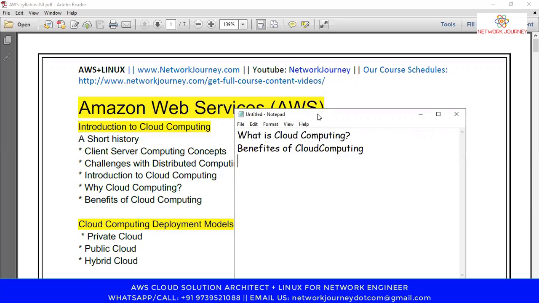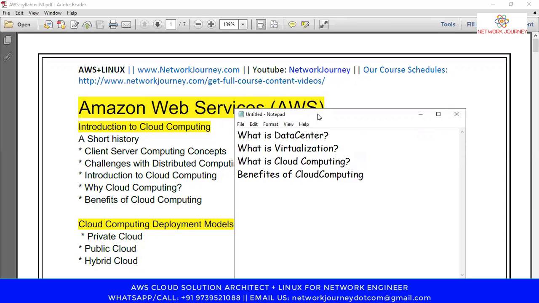In continuation, I explained what is cloud computing, and finally we saw the benefits of cloud computing. Thereby you come to understand: this is why we need a cloud, this is the purpose. This was yesterday's flow, one by one.